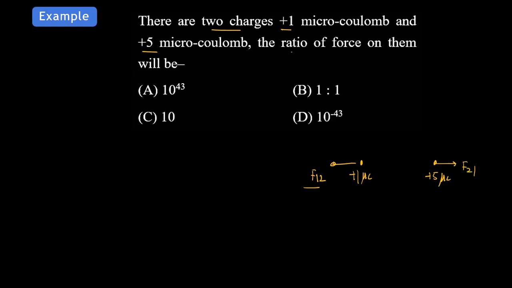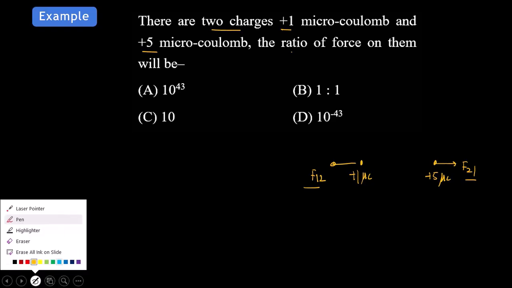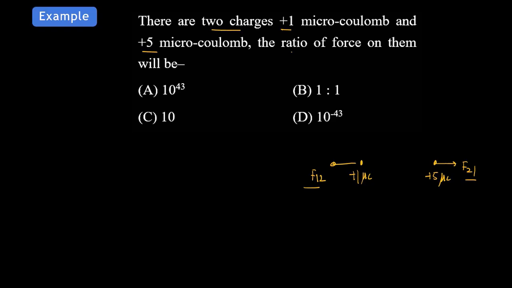Okay. So nature wise, these two forces are repulsive forces, because this is the force of repulsion between the two same charged particles. Both are positive, but magnitude wise they will be equal. We are asked to calculate the ratio of force. So it should be 1:1. Why? Because force is equal. F12 is equal to F21. Okay. So ratio is 1:1.